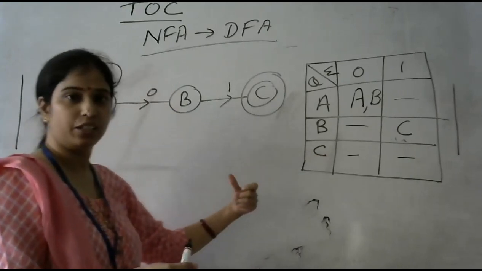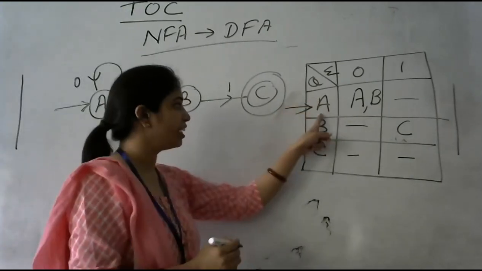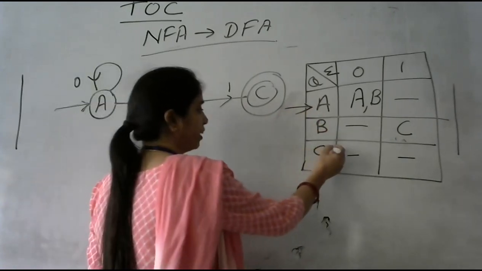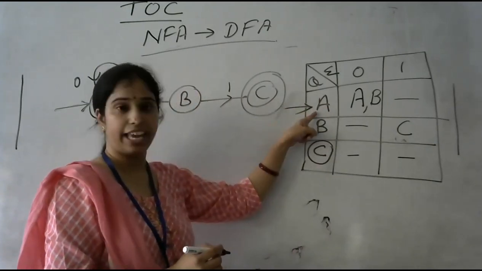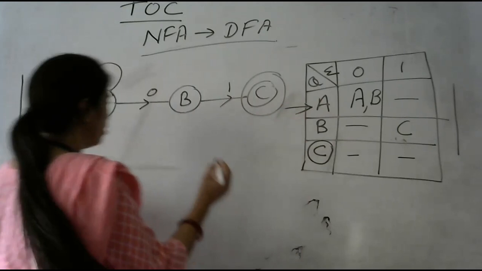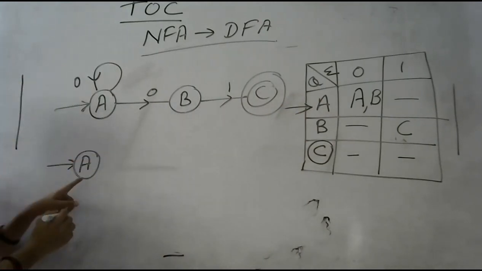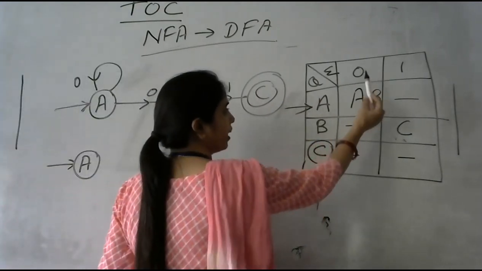Okay, let's start. In the transition table, the initial state is shown by this arrow and the final state is shown by this circle. So the initial state is A and the final state is C. Now let's start. Initial state is A. Now A से 0 पढ़ के हम कहाँ गए?